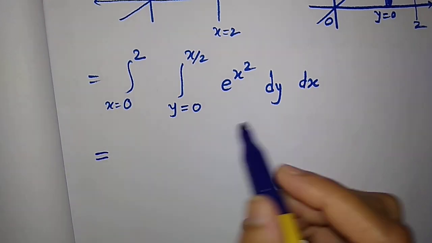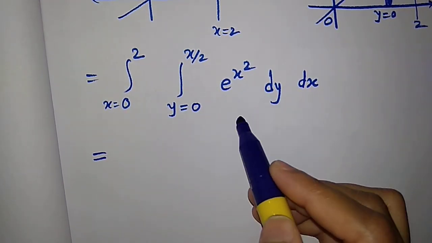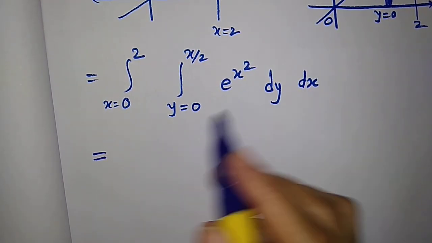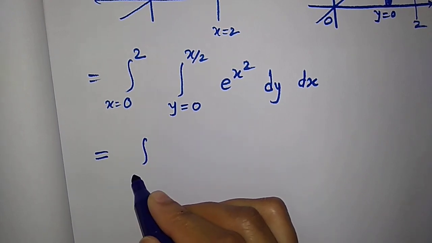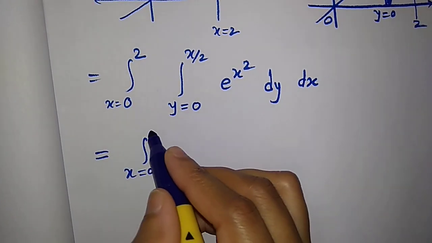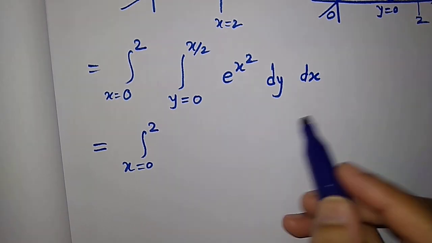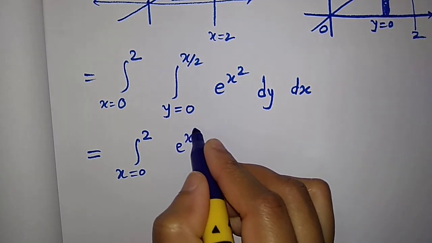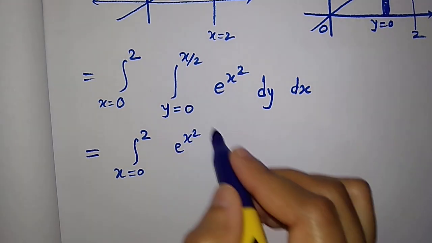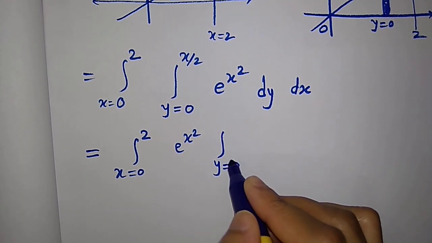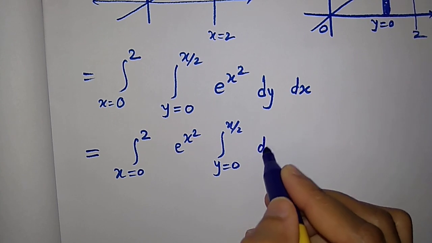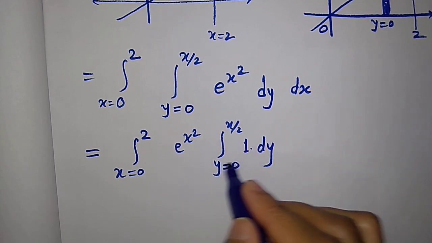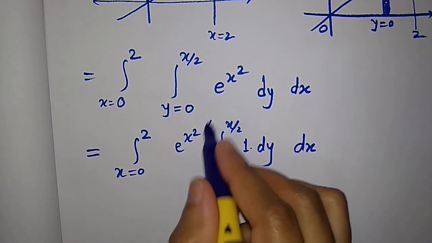So this is independent of y, so this is just x from 0 to 2, e raised to x square as it is, and you integrate y from 0 to x by 2. Dy means it is just 1 dy and dx.